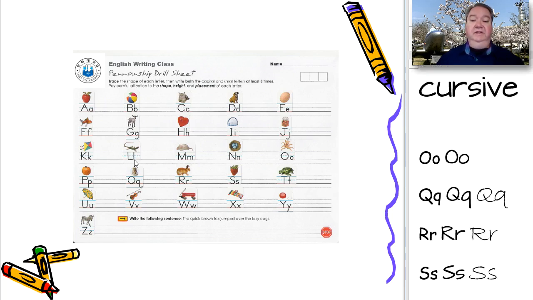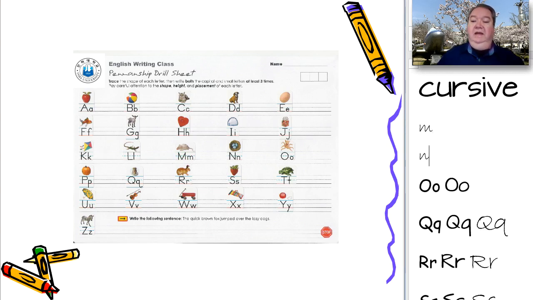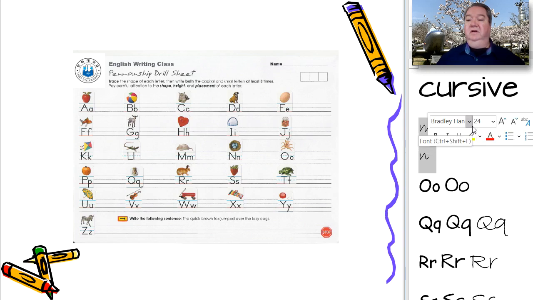L usually is fine. M, again, you don't have to come all the way to the bottom here on the capital M. You can come like halfway. That's fine. And the N, make sure on the M and N, let me put these in a better font here.